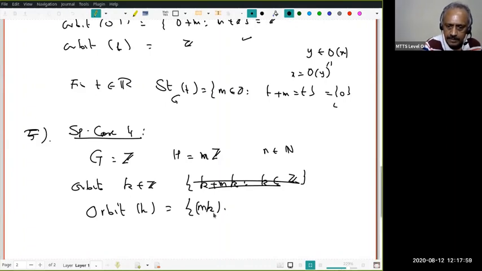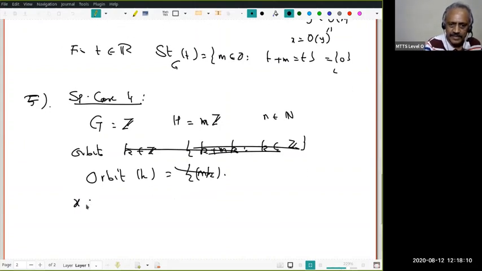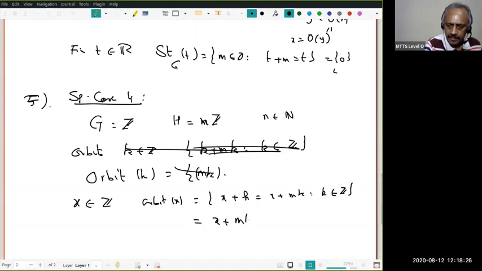Oh, there is an mk, so I have already fixed k, that's why I'm getting confused. Let me call it just x. Fix x in Z, I want orbit of x. Therefore orbit of x is x plus H. That is the same as x plus mk, where k varies over Z.